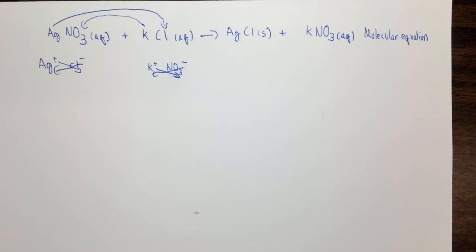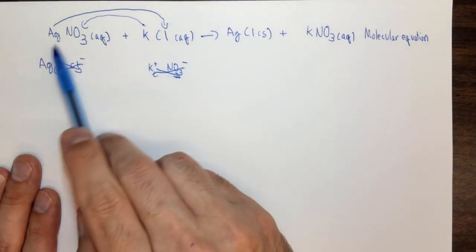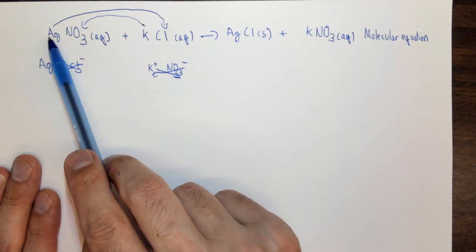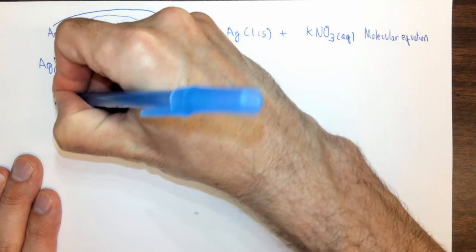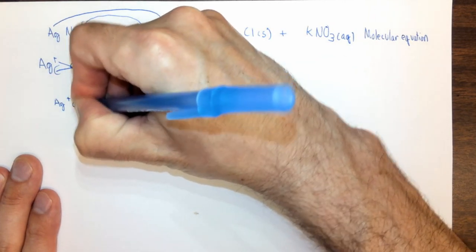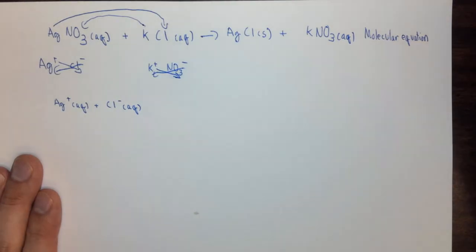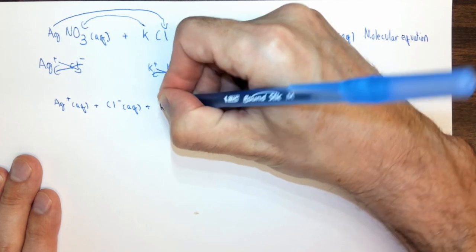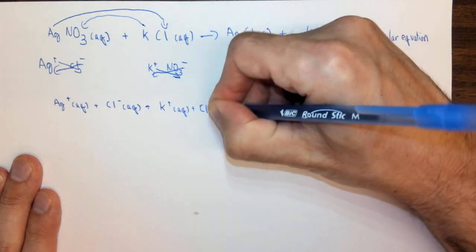Now, we can think about this in terms of the ions that are reacting. Anything that's aqueous, we need to break into its ions. AgNO3 will break up into Ag plus aqueous plus NO3 minus aqueous. KCl will break up into K plus aqueous plus Cl minus aqueous.